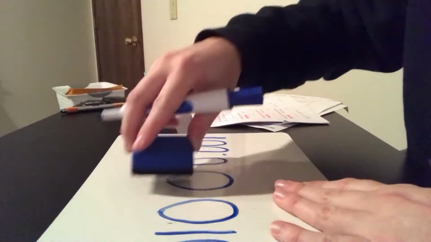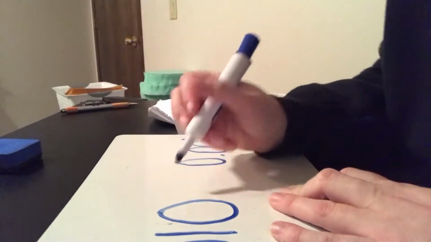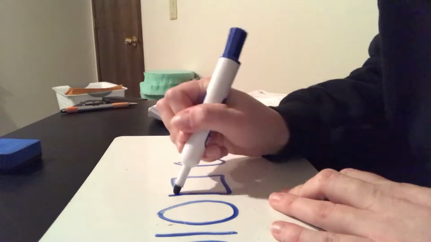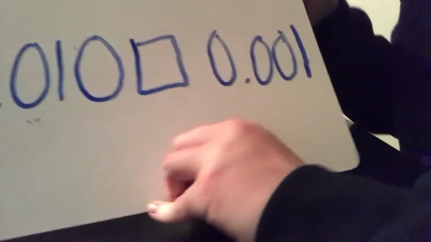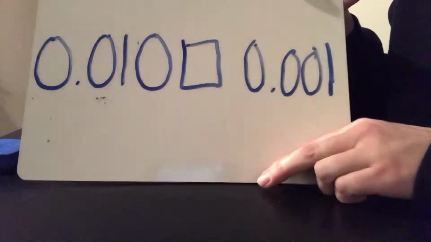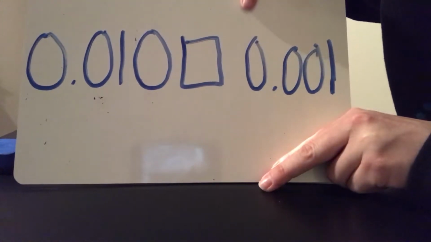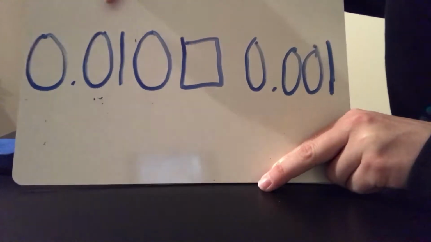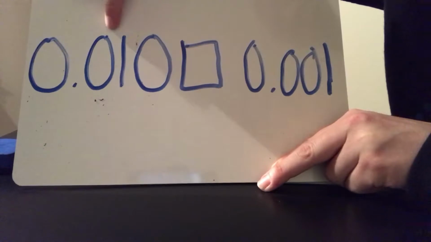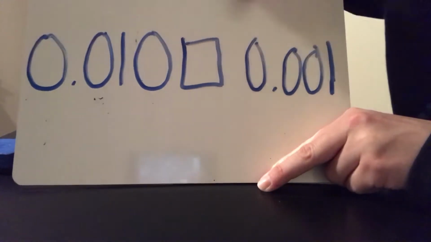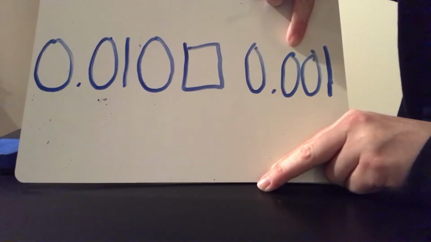You know what? I'm going to change that center comparison circle to a square because I have so many zeros going on right now. So when I'm looking at this number, I know that there's no whole numbers involved, so it's equal up until that point. I know that there's no tenths involved. It's a 0 here and a same 0 on this number.